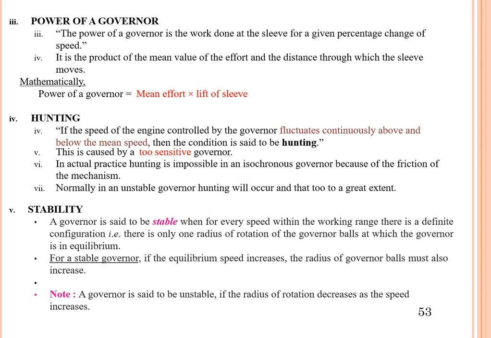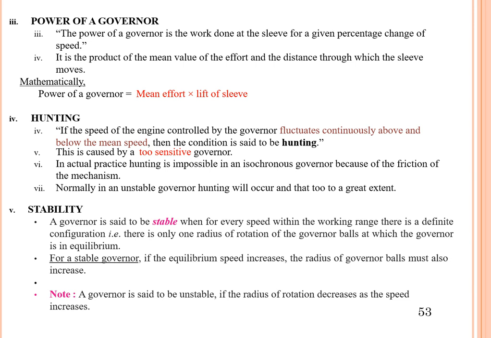The power of the governor is the product of the mean value of the effort and the distance through which the sleeve moves. Hunting is defined as the fluctuation of the governor continuously above and below the mean speed. This is caused by too sensitive a governor.